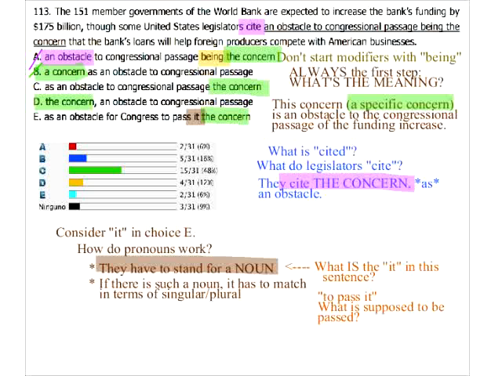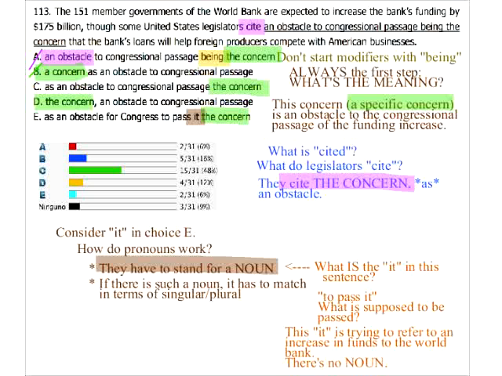But the governments are expected to increase the funding of this World Bank. So the whole sentence is about whether we want to increase the funding of the World Bank or not. So this it is trying to refer to an increase in funds to the World Bank. The problem is there's no noun for that.